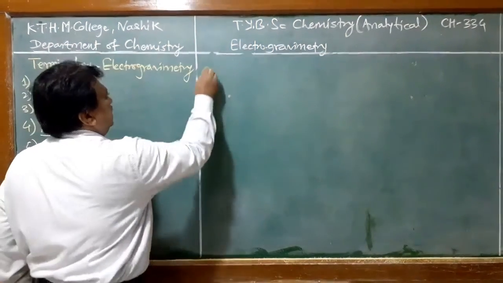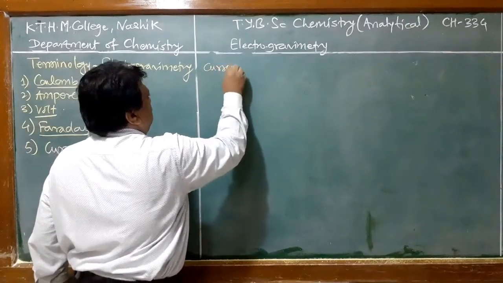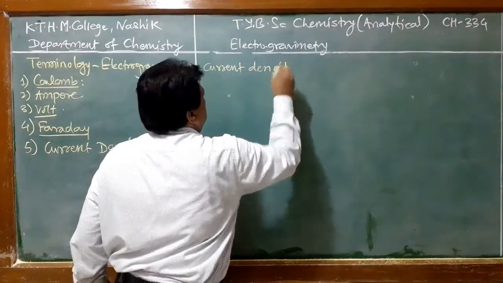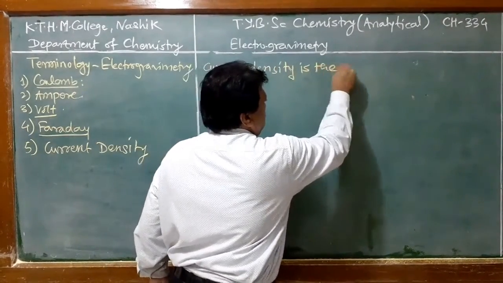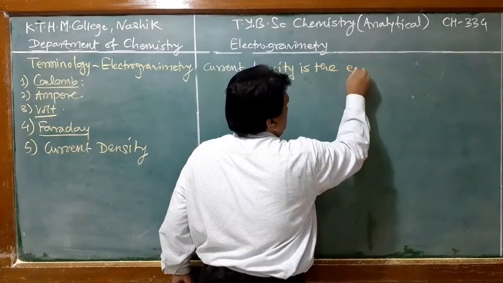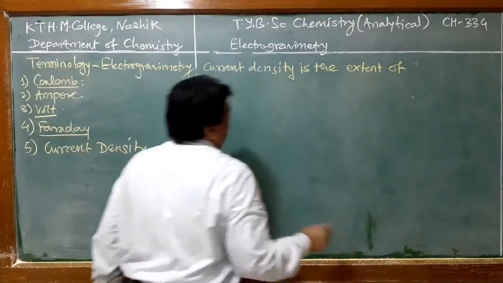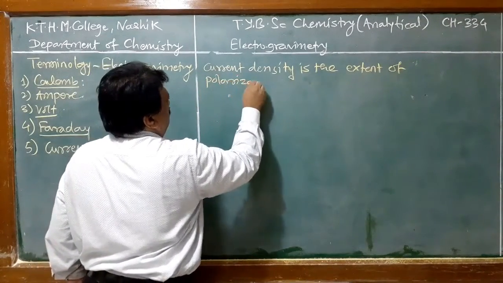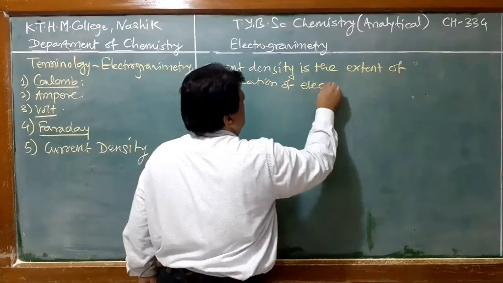Here current density is the extent of polarization of the electrode.